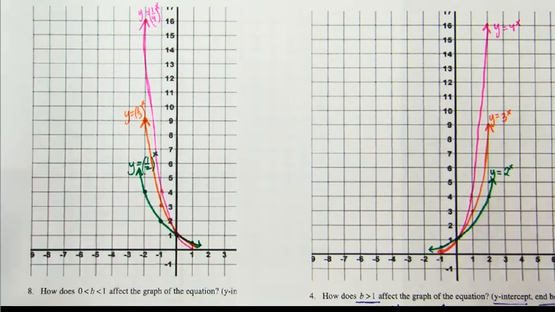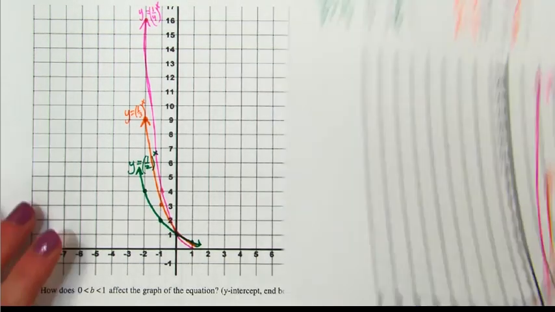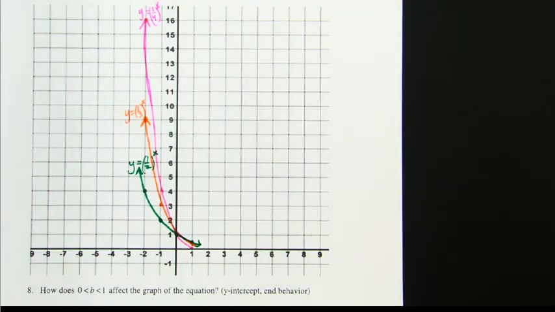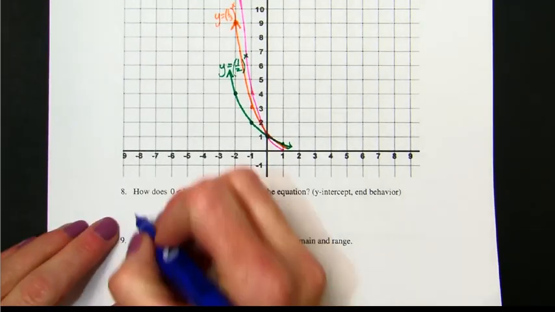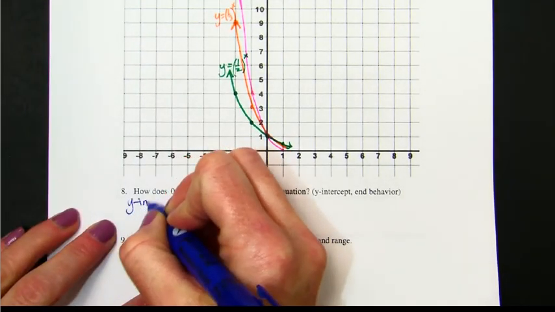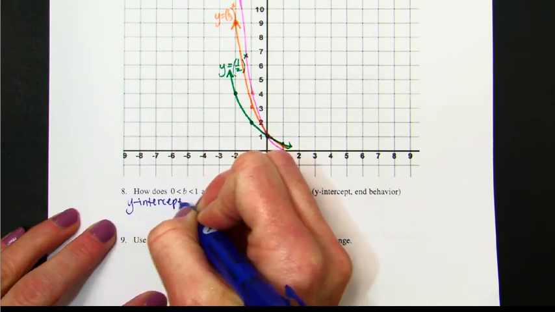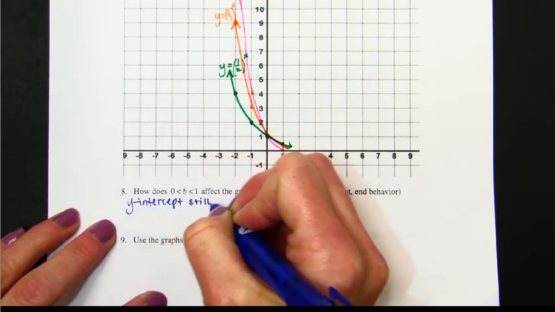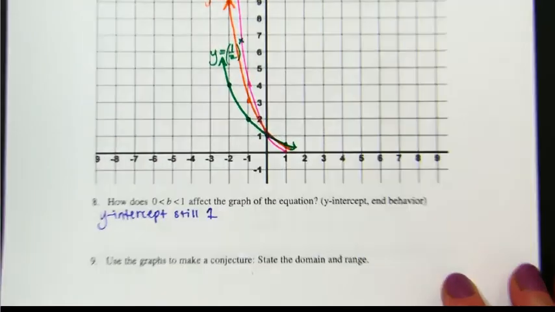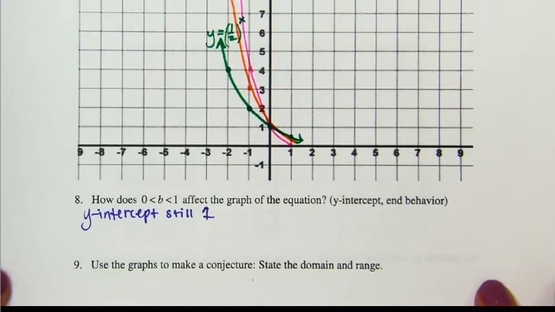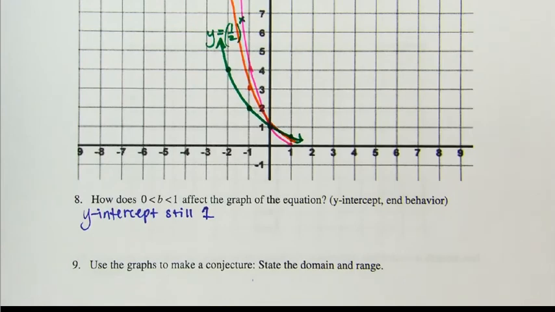So there's some interesting things happening here. Our y-intercepts are still 1. So we're going to make a note down here that our y-intercepts and our b changed, but our y-intercept stayed 1. So there's a very good chance that the b has nothing to do with the y-intercept. Okay, because the graphs obviously changed, but the y-intercept stayed the same.